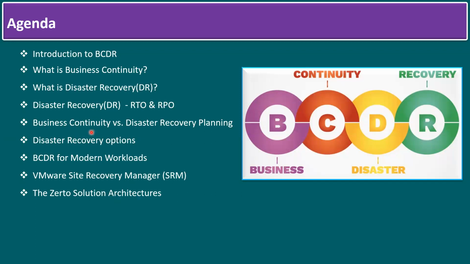Then business continuity versus disaster recovery planning. We can talk about the differences between business continuity and disaster recovery planning, what are all the disaster recovery options available, BCDR for modern workloads, and a few real world scenario examples, VMware Site Recovery Manager and Zerto solution architectures. So let's start with the first point.